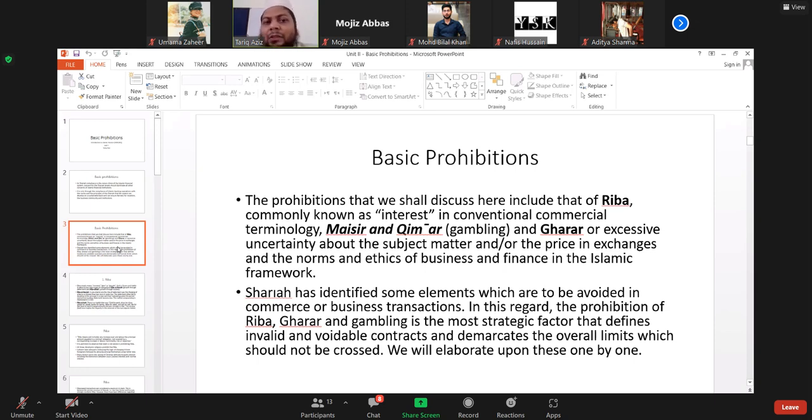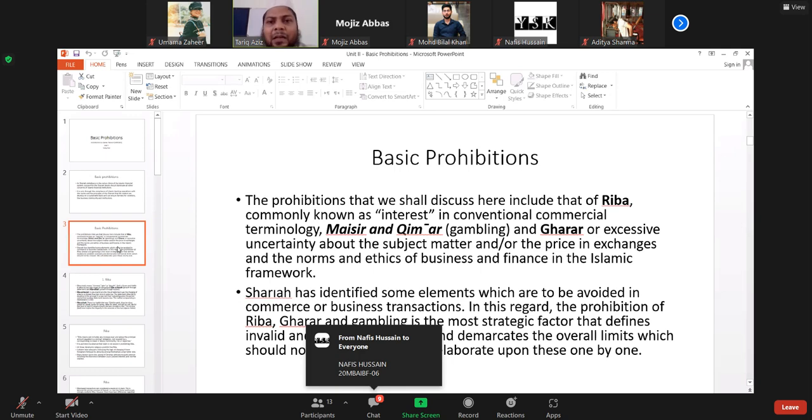Another term that we can keep in mind is contractual uncertainty. Small uncertainty can be there, that is allowed and unavoidable, because business itself is a risky thing. Nobody can guarantee anything in business. There will always be risk, but sometimes there are avoidable risks, very obvious risks, so bearing those excessive risks is not allowed.